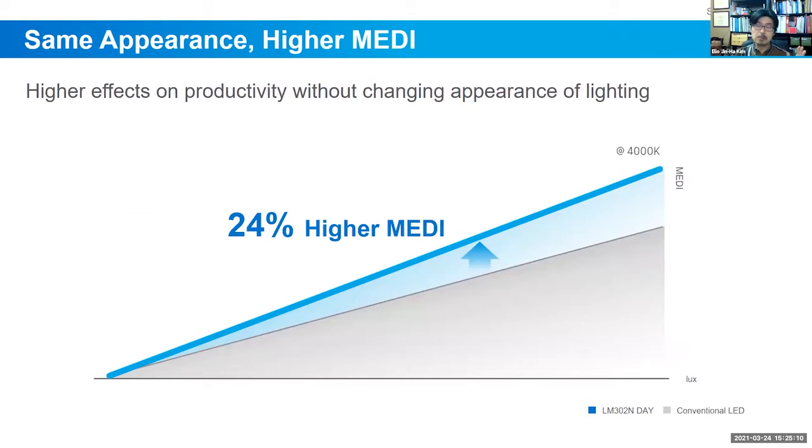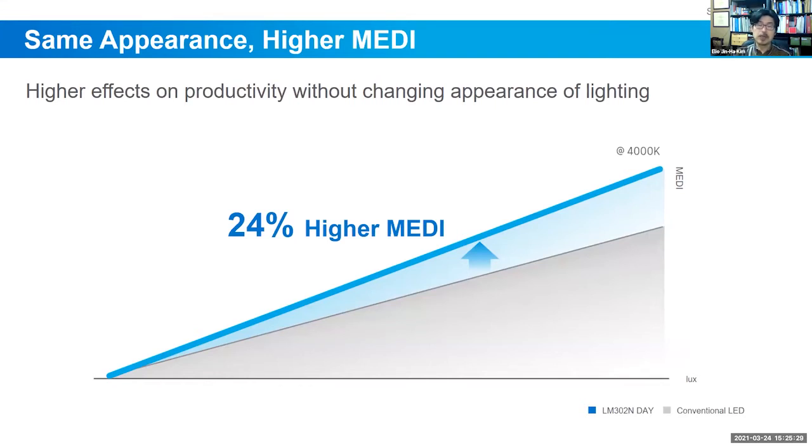What implication does this have? So let's take an example of 4000 Kelvin lighting condition. Now we introduce the metric of melanopic EDI, which stands for melanopic equivalent daylight illuminance.